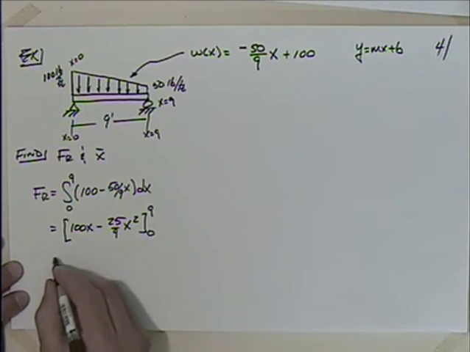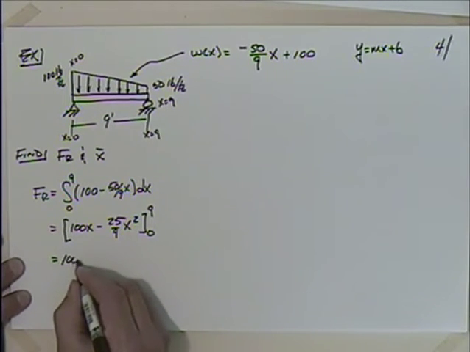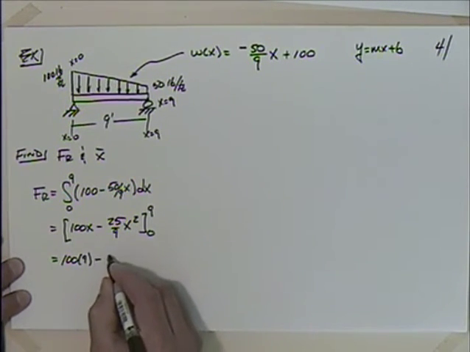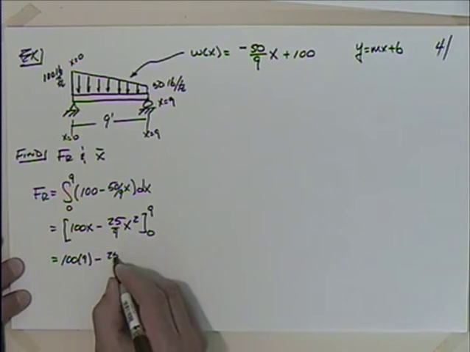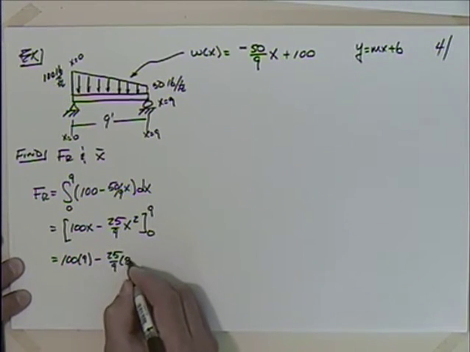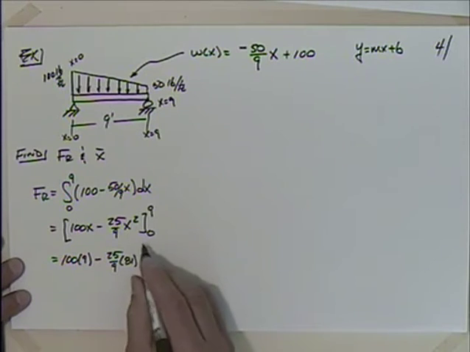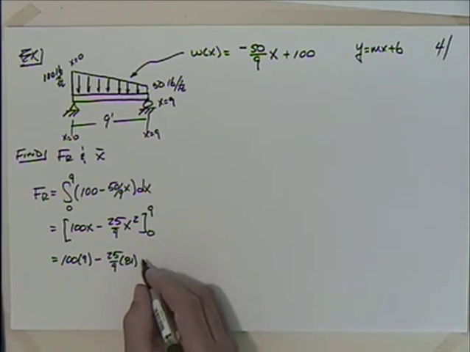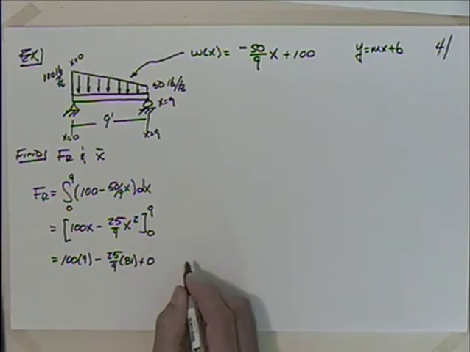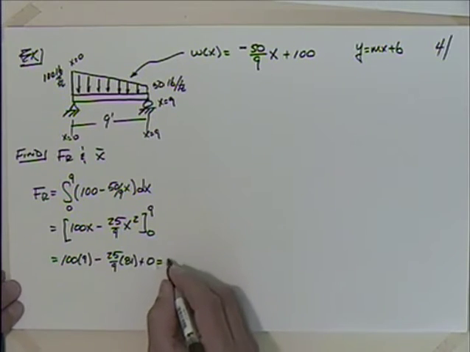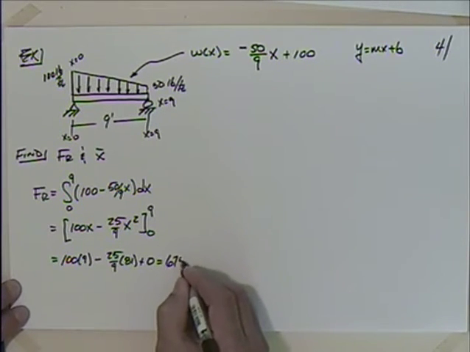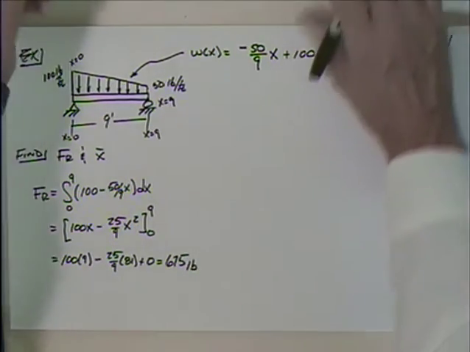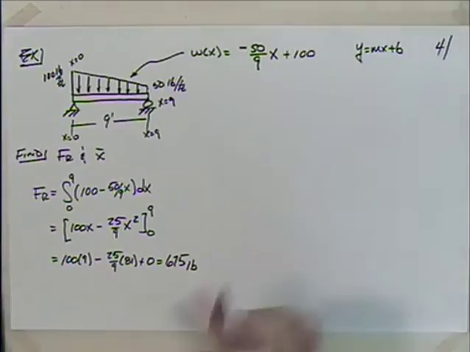Is that right? Yeah. So I have 100 times 9 minus 25 over 9 times 81. My lower values are 0, plus 0 if you want. So this turns out to be 675 pounds. And let me double check that. I'm pretty sure that's right.